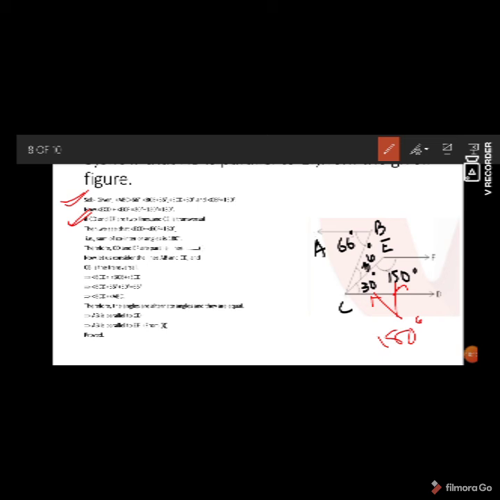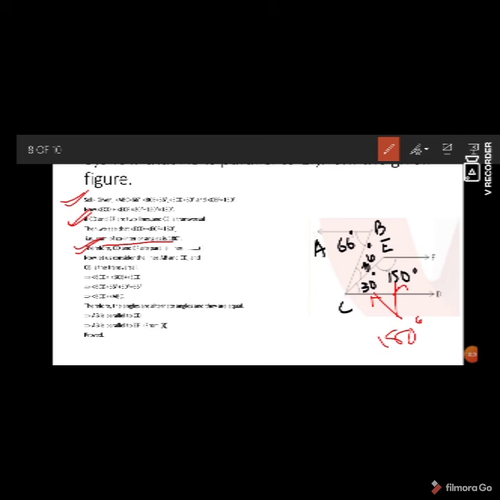What kind of angles are these? These are co-interior angles. Whenever the sum of co-interior angles is 180, we can say that two lines are parallel to each other. So the line CD and the line EF are parallel to each other. This is our relation 1.